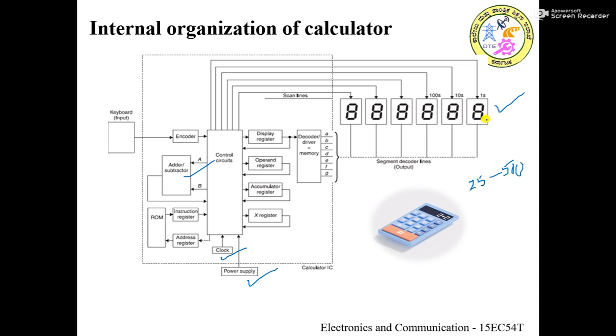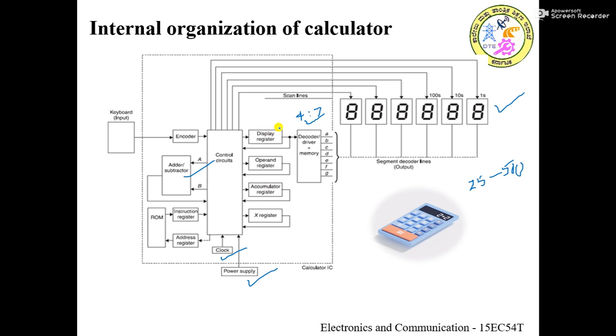This is a 4 to 7 decoder, in the sense that every BCD code, which is a group of 4 bits, is taken as input and the decoder produces 7-bit decoded data. That decoded data is sent to the 7 segment display for displaying purposes.